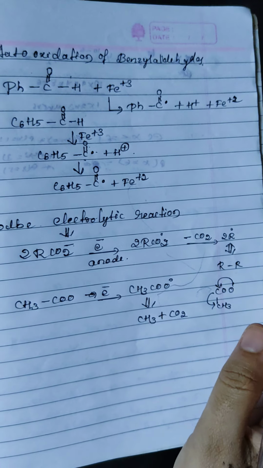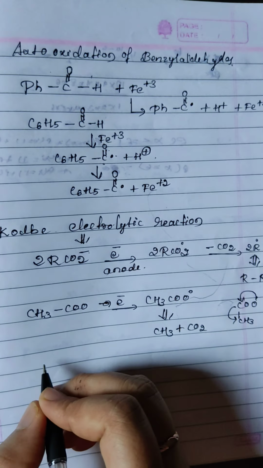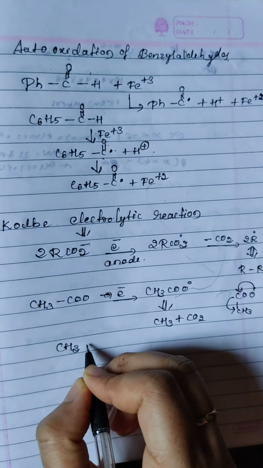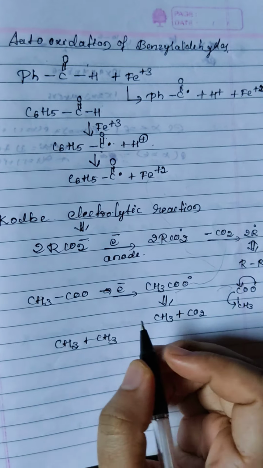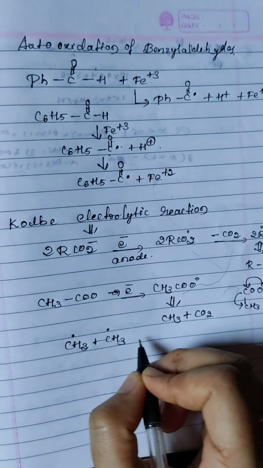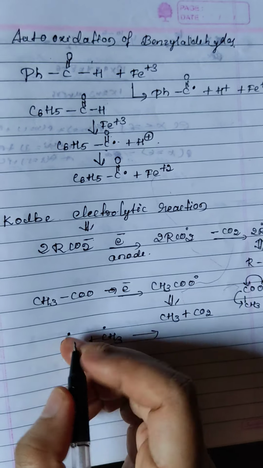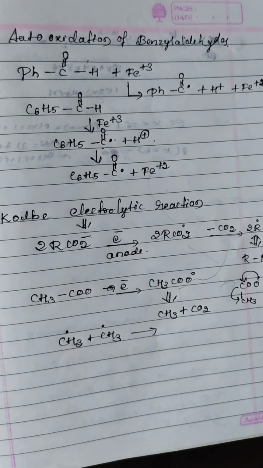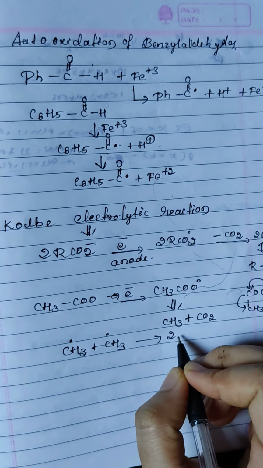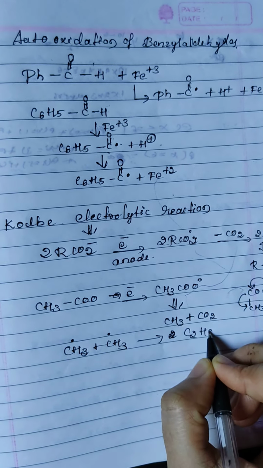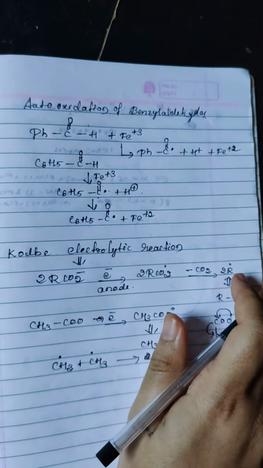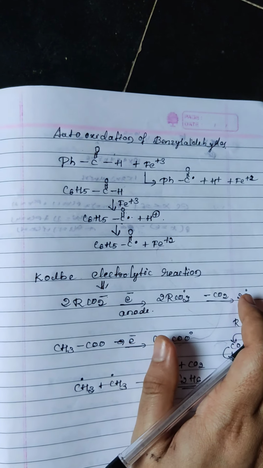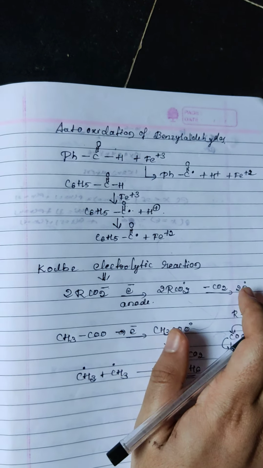What is formed next is a methyl to methyl group: these are two radicals, combining to give C2H6. These details are not too important. Understanding the introduction to rearrangement is what matters.